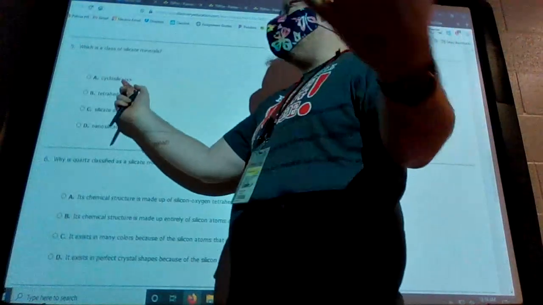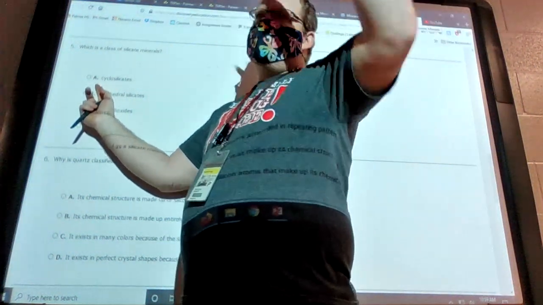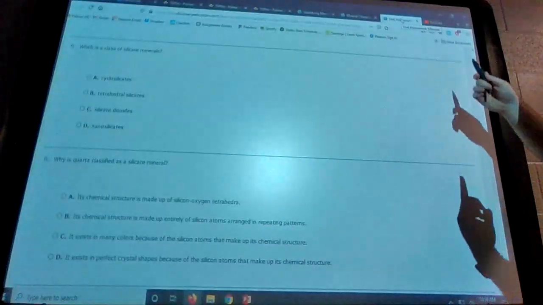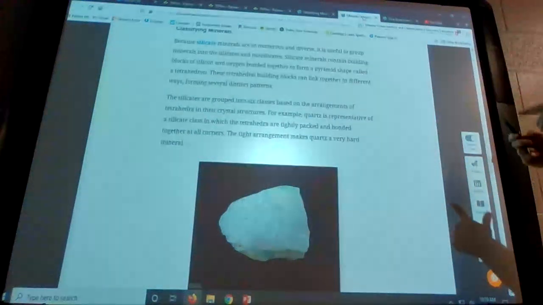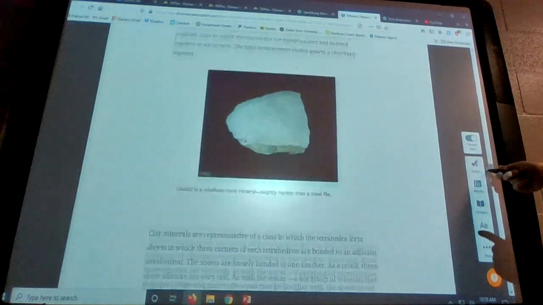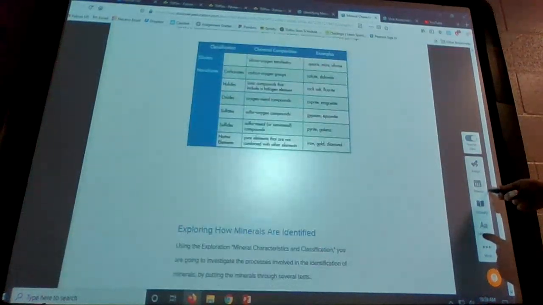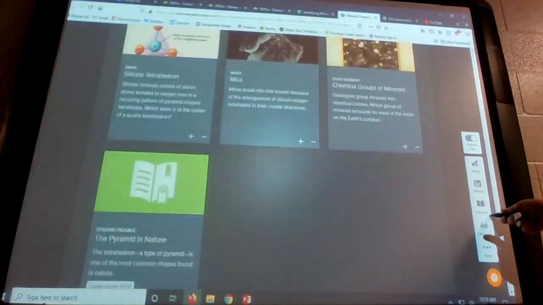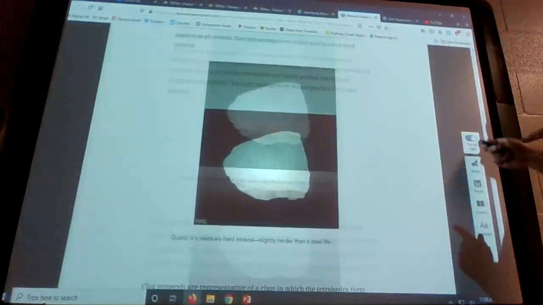The ring silicates could be called cyclosilicates because a cycle is like a ring or circle, so I think cyclosilicates is going to be the correct one. To be honest, they might have only gone through that in the exploration, which was not super great, so we didn't really do it. But they definitely don't have a list of silicates here. So I'm pretty sure it's going to be the cyclosilicate.